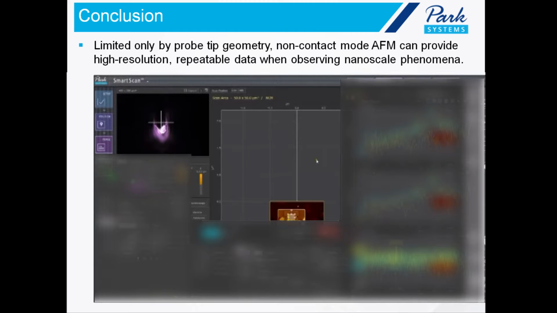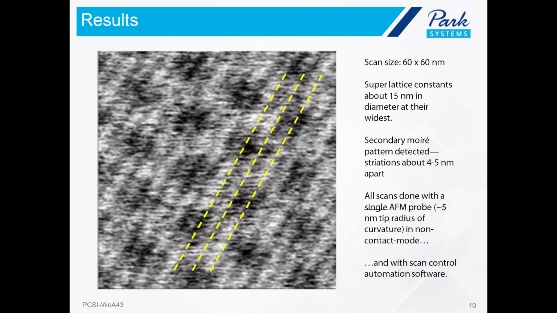So our first question here is, how can we say that the secondary Moiré pattern is not an artifact? Okay, well, let me go back to that slide. Okay, here we go. The 60 by 60 nanometer scan. There were a couple of factors here that helped us believe that the secondary Moiré pattern was not an artifact of scanning.